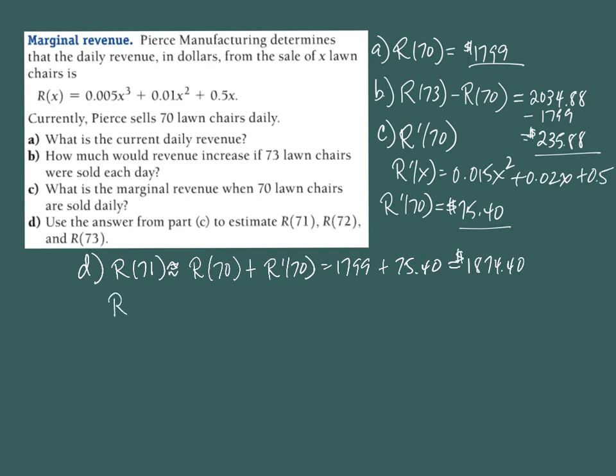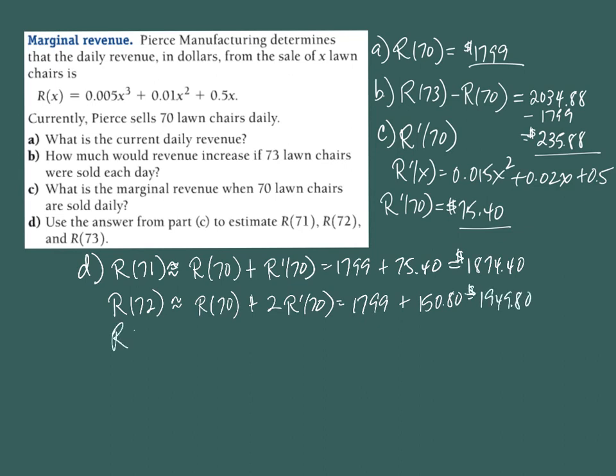And R of 72 would be approximately the revenue at 70 plus 2 of the marginals. So 2 times the marginal 75.40 would be $150.80. So $1,799 plus that would be $1,949.80.